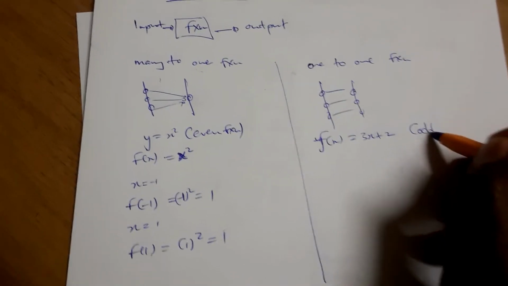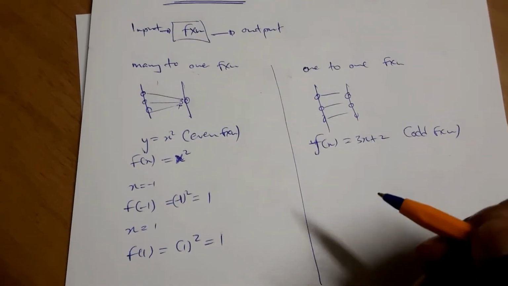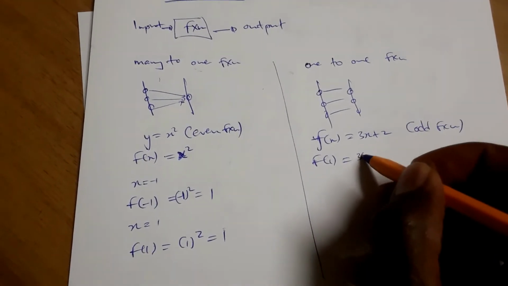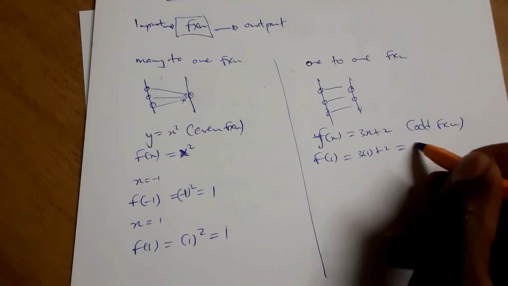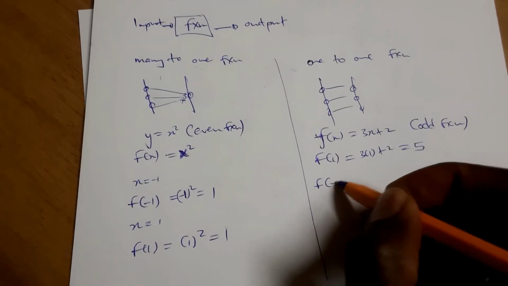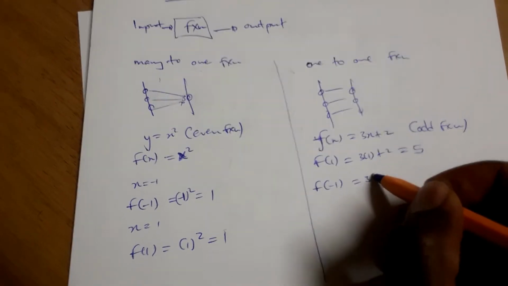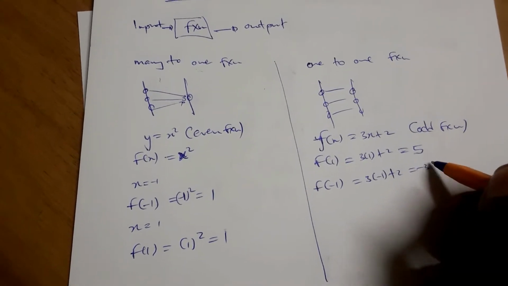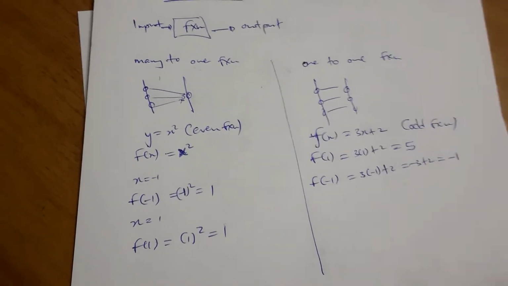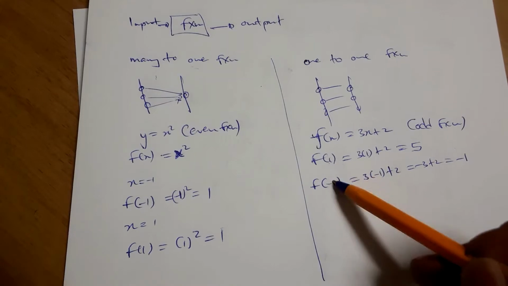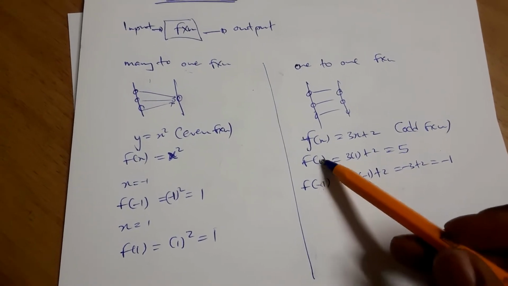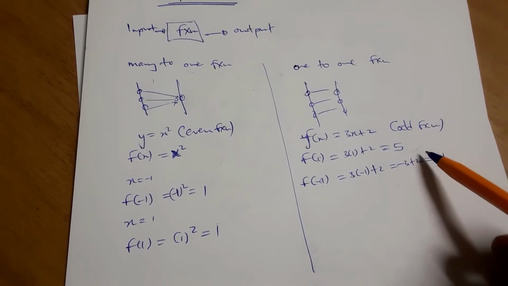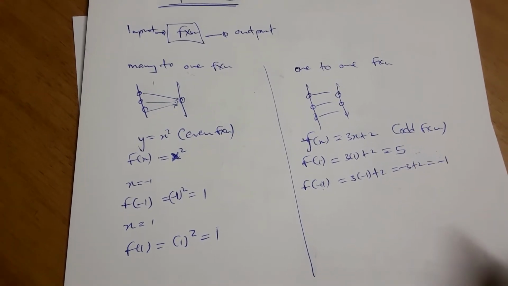Normally these are odd functions, right? For example, if we say f of 1, this is equal to 3 times 1 plus 2, which gives us 5. Then we say f of -1, we get 3 times -1 plus 2, we get -3 plus 2, we get -1. So we see for every input that we are putting in our function, we are getting different values of f of x, right?